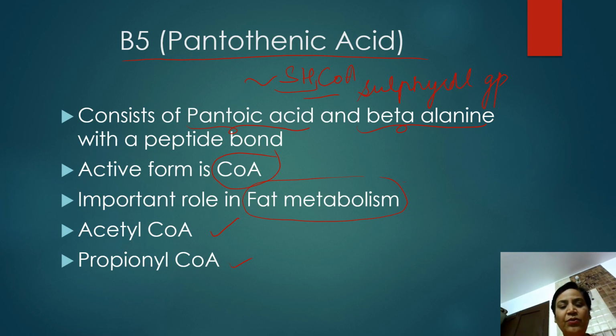Oxidation of odd chain fatty acids leads to propionyl CoA, oxidation of even chain fatty acids leads to acetyl coenzyme A. So these two are very important intermediates. Acetyl coenzyme A is required for the synthesis of fatty acids, cholesterol, and ketone bodies. Propionyl CoA is required for gluconeogenesis. So wherever coenzyme A is there, it is pantothenic acid.